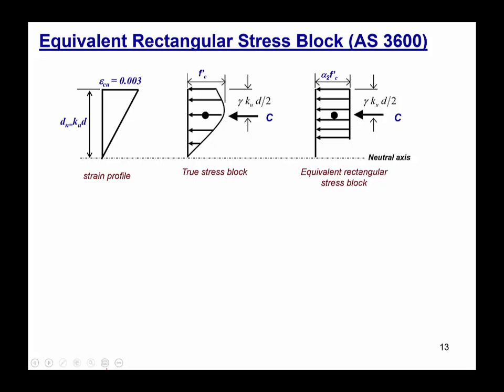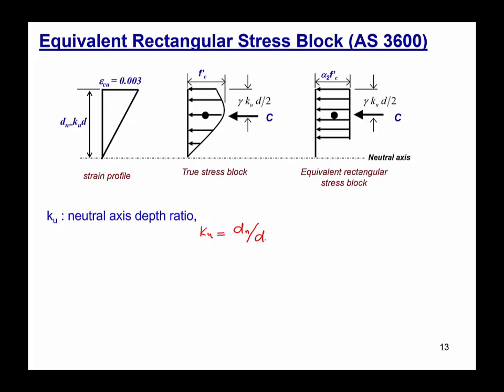Now we know that the neutral axis depth ratio, as we discussed earlier, is given by Ku, the ratio of the neutral axis depth dn over the effective depth d.